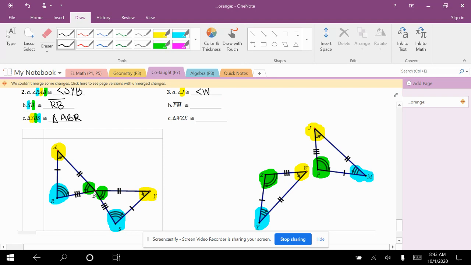P is green and M is blue. So in the other image, Z is green and X is blue. So segment PM is congruent to segment ZX.